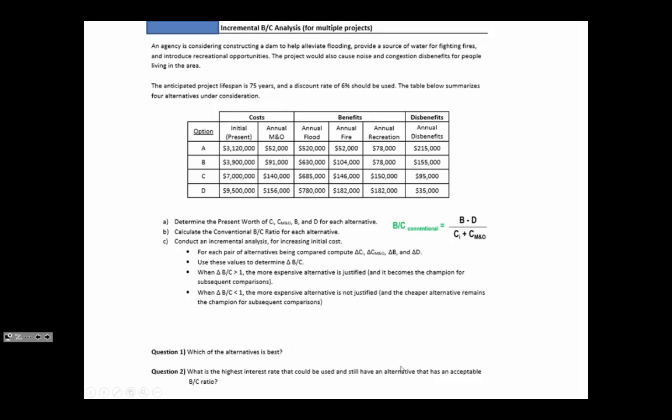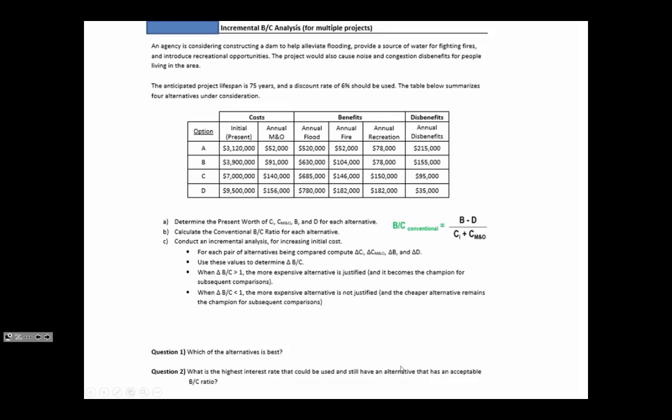And there's a huge range of costs. One of these projects only costs $3 million at the present. One of them costs $9.5 million. So that option D is really going to have to somehow be fantastic to be justified, because it's more than 3 times the cost of the cheapest alternative. So here in the steps A, B, and C, I sort of guide you through the process that I'd like you to apply here.